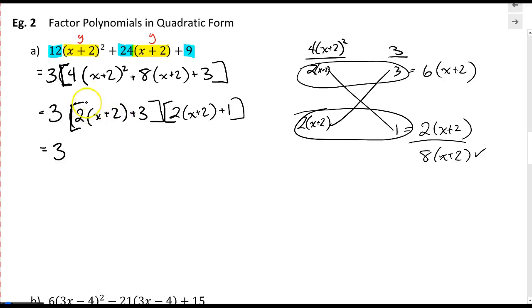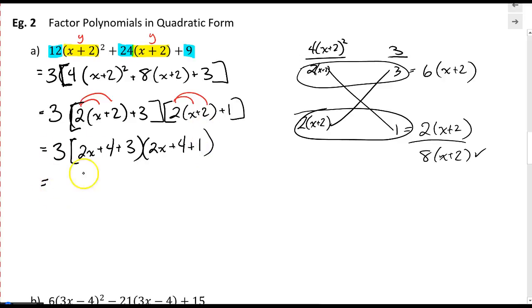Inside my brackets, I'm going to distribute. And so I've got, that'll eliminate my brackets. I can actually use round ones again. I've got 2x plus 4 plus 3 and 2x plus 4 plus 1.